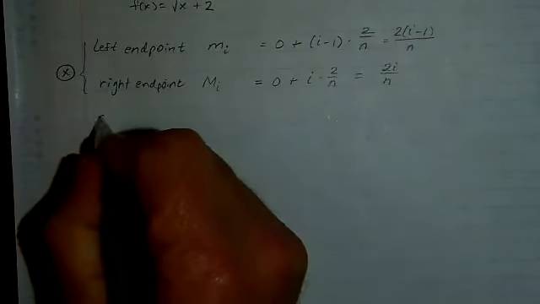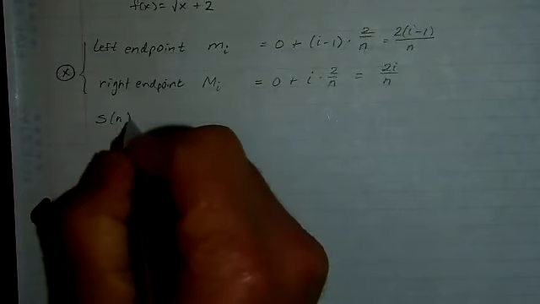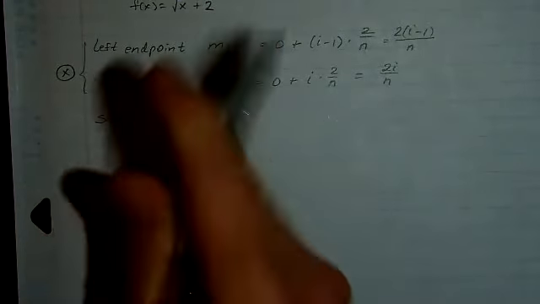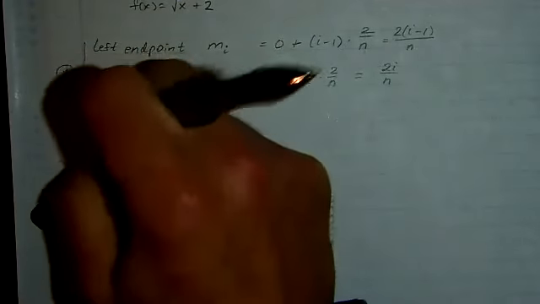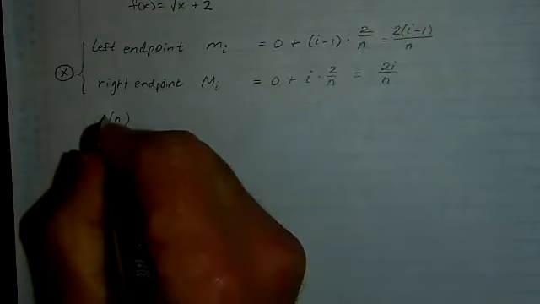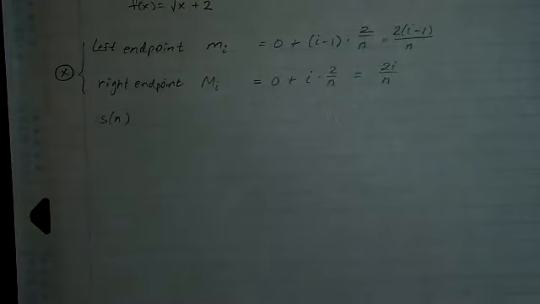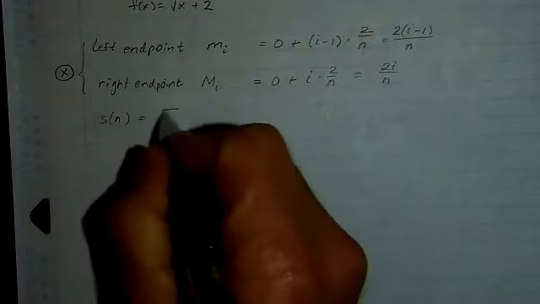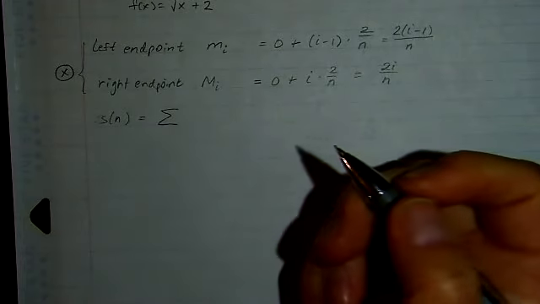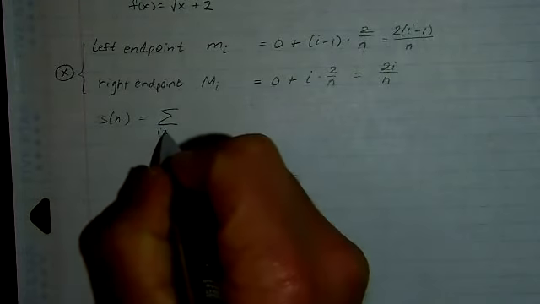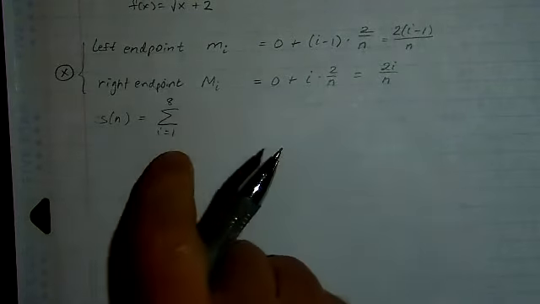Okay, so now here's where the fun starts, and this is all algebra, right? So the lower sum, this is a lowercase s. It's not obvious. Let me make that a little smaller. Okay, the lowercase s is equal to the sum. So we're adding up the area of all the rectangles, and we have 8 rectangles from 1 to 8.